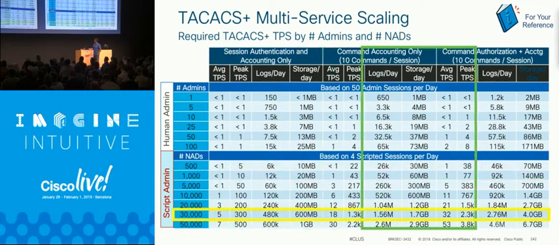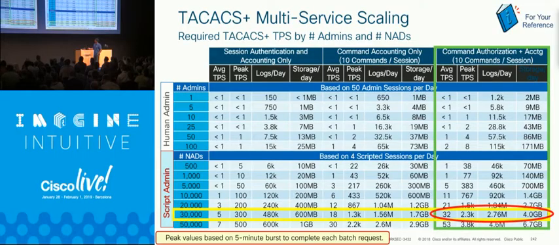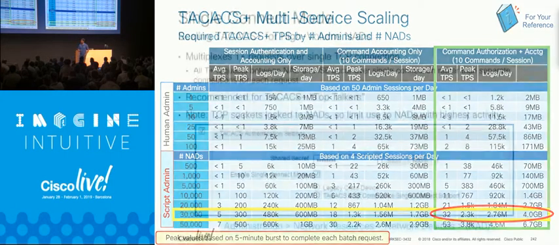So right here with machine admin, now we're talking about maybe a TPS of 32, and it's generating so much more log, right? So what's the recommendation here? The summary is, if you're using scripts to manage TACACS devices, it's a good idea to separate TACACS nodes and PSN. But if you're just using human admins to manage these devices, you can leave them on the same node because the TPS numbers are very low, right?